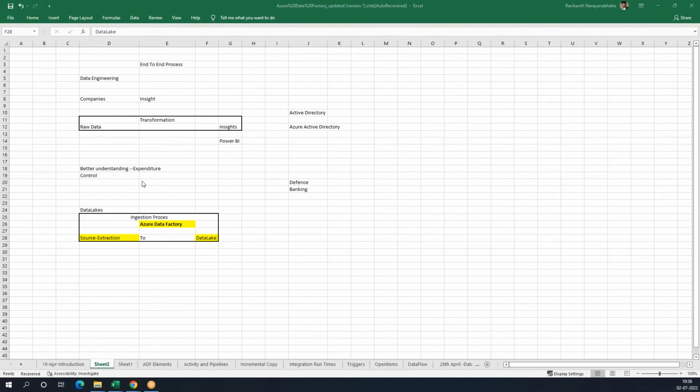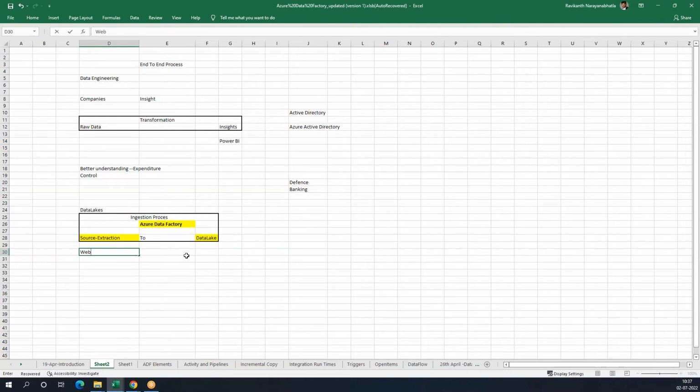What is the meaning of ingestion? Ingestion process is like, suppose you have some raw data on some website, across the web or some files somewhere, and you are trying to bring it into your company's data lake.